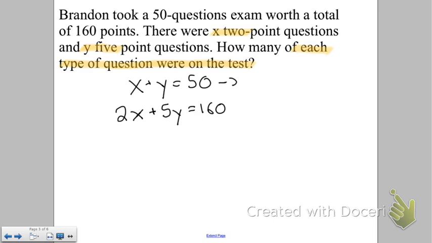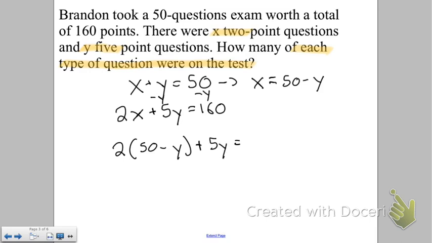Now to get one of the variables by itself, I can subtract y, and I have x equals 50 minus y. Now I can just substitute in: 2 times (50 minus y) plus 5y equals 160.